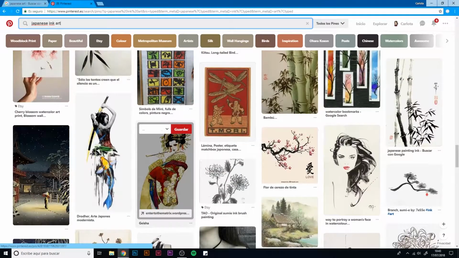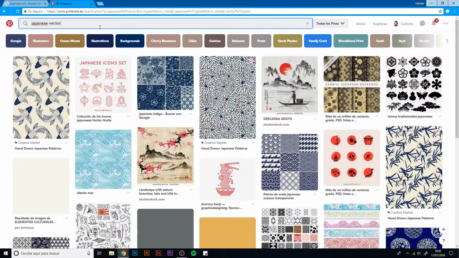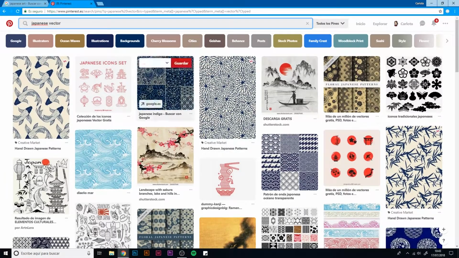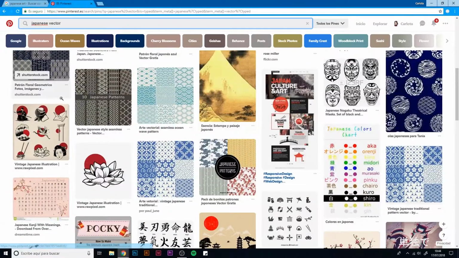Anyway, I'm particularly interested in Japanese folklore, so I'll try to dive into this world and look for something flatter. It may contain details, but I want it flat. Okay?